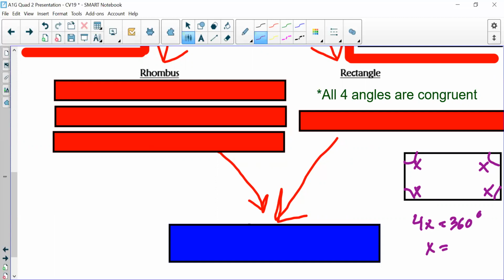So each interior angle is 90 degrees. So all 4 angles are congruent in a rectangle, which means they are all right angles.